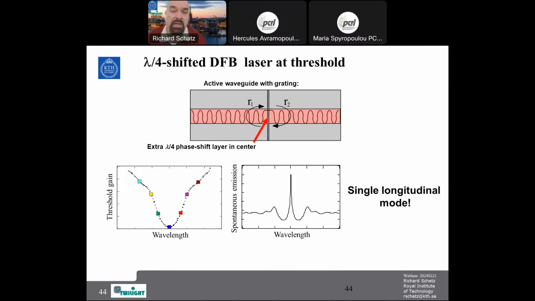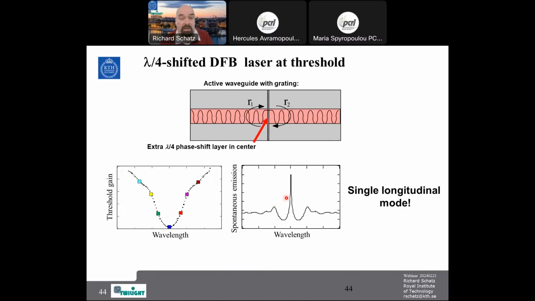It can be done by electron beam lithography. And then the grating has a slip here. You see here we have a quarter wavelength shift. And then you can force the laser to lase exactly where we have maximum reflectivity, that is lowest threshold gain, and you get a single mode laser.